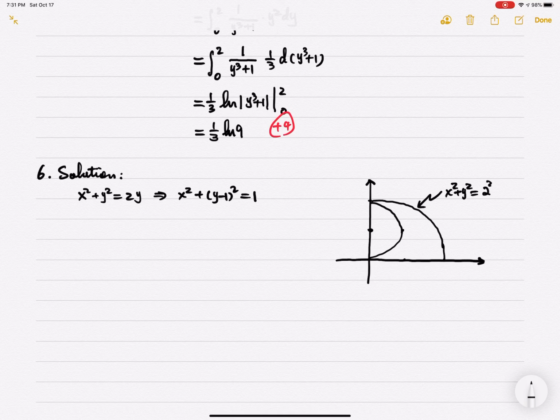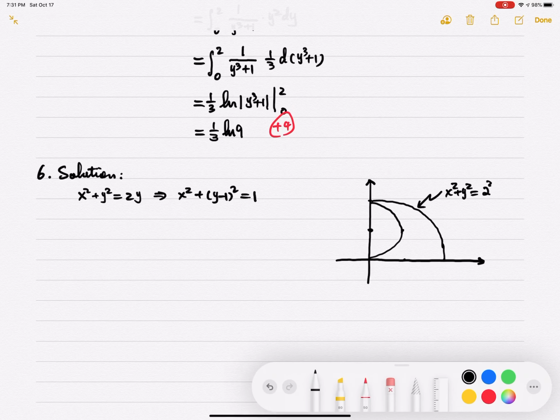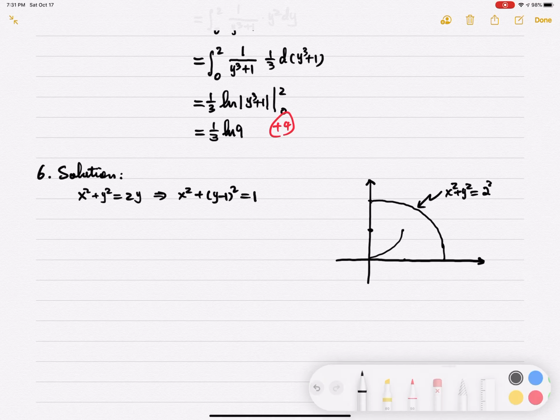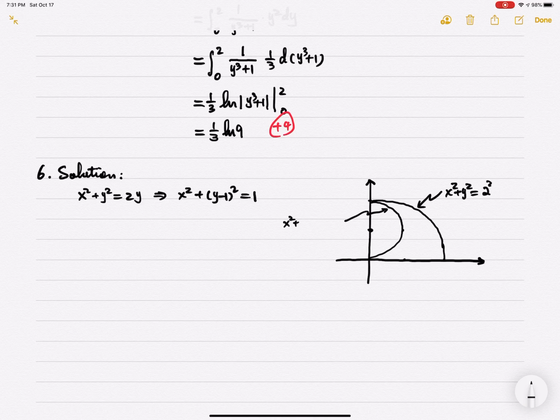Something like that. Let me make the first one a little bit better, hopefully. Okay, and then this one is x squared plus y squared equal to 2y.